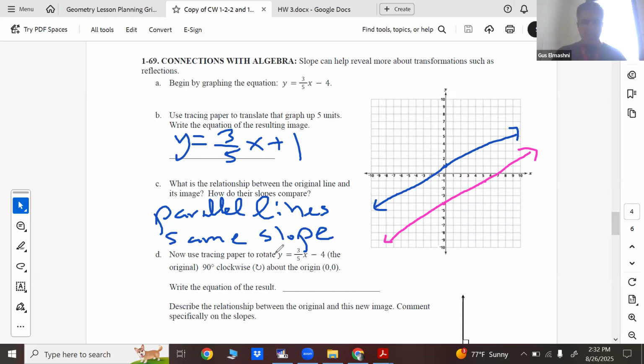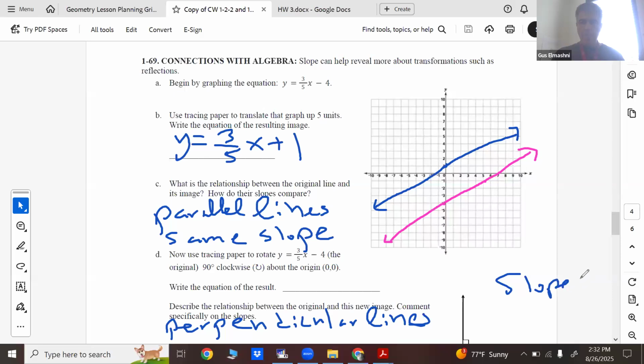If you rotate 90 degrees clockwise, you're going to get a perpendicular line. So describe the relationship: they're perpendicular lines, which means they form a right angle. You're going to see the slopes are inverse reciprocals, meaning the signs change and it flips.